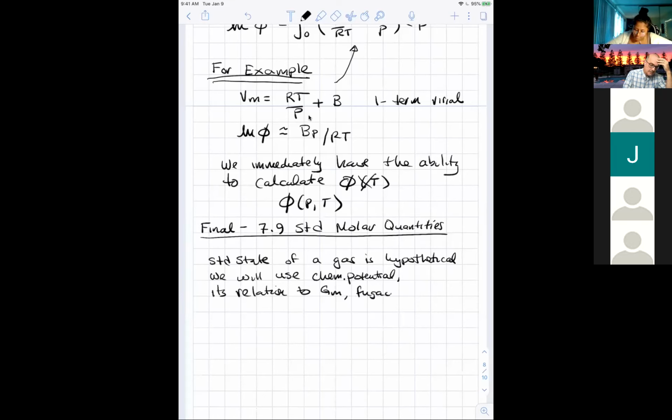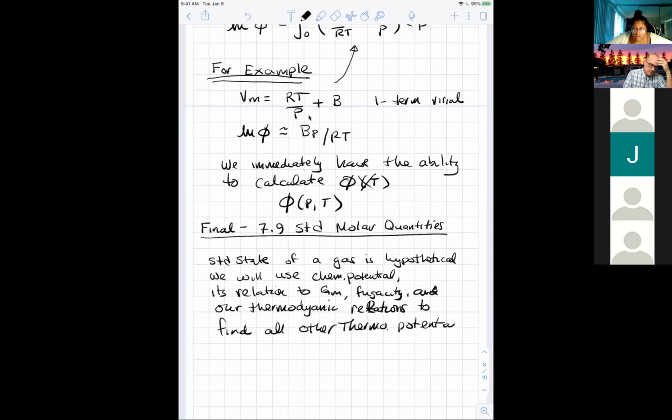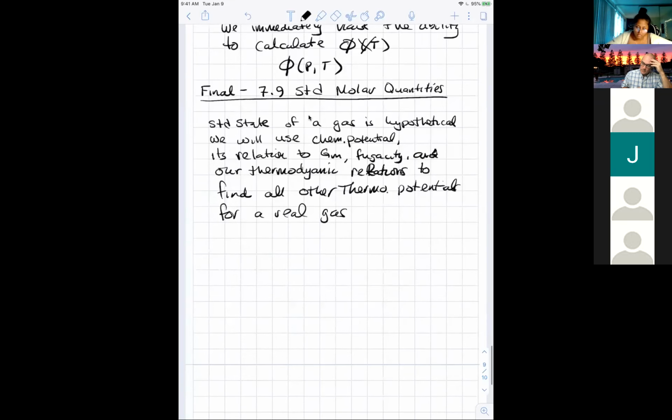Fugacity and our thermodynamic relations between potentials to find all the other thermodynamic potentials for a real gas. Right?